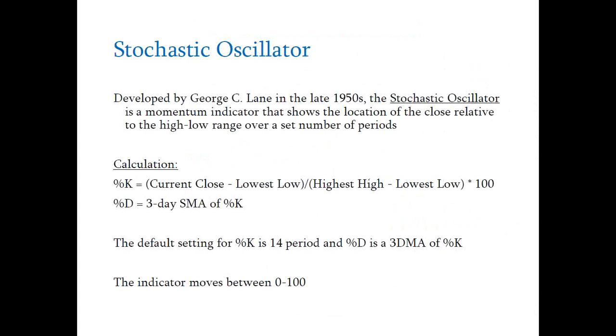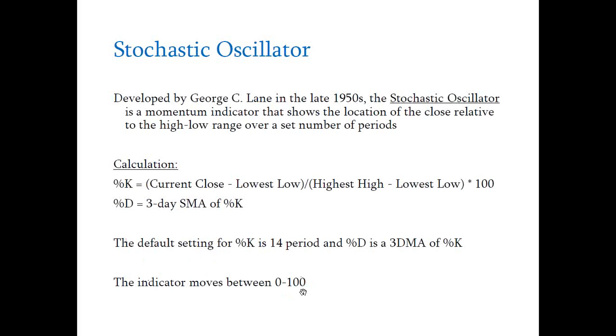Let us see another indicator which is known as the stochastic oscillator. This stochastic oscillator is a very primitive indicator but a very effective indicator. There are two lines, one is known as percentage K, another is known as percentage D. We will not be going deep into the calculation, but the percentage K line is the baseline and the percentage D line is the 3-day simple moving average of the percentage K line.